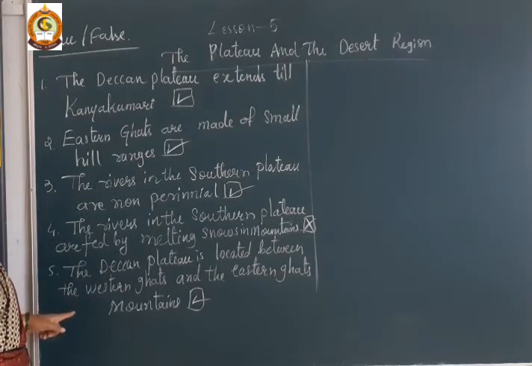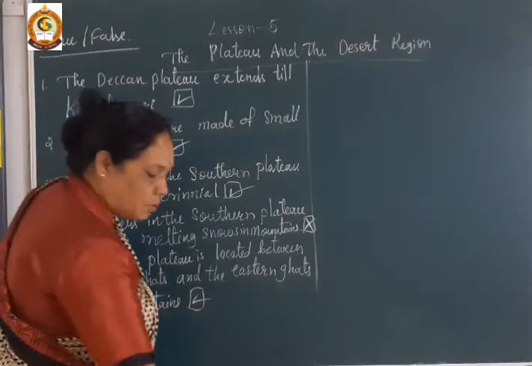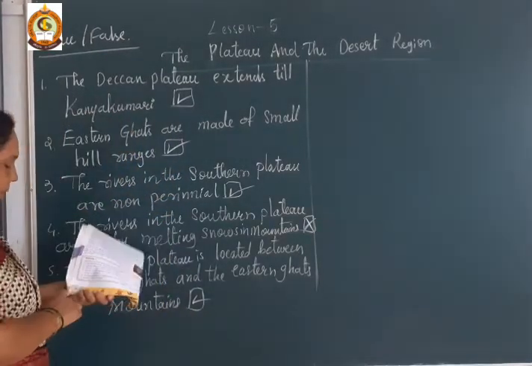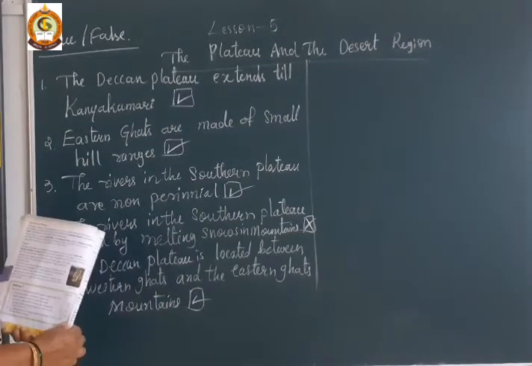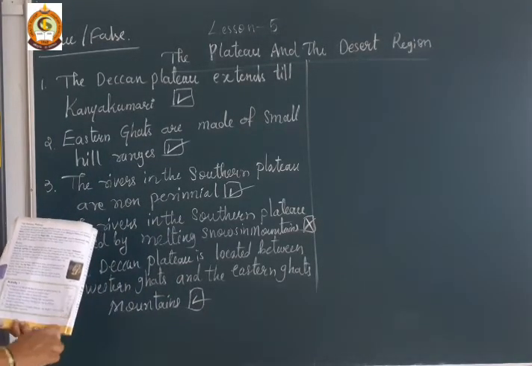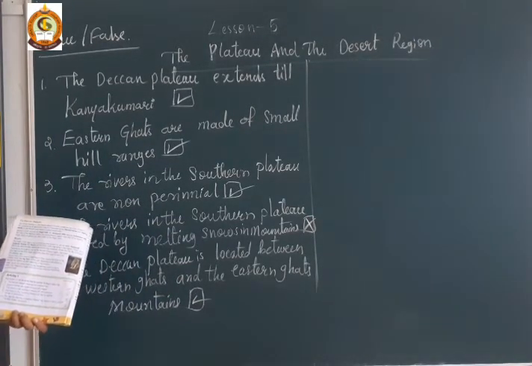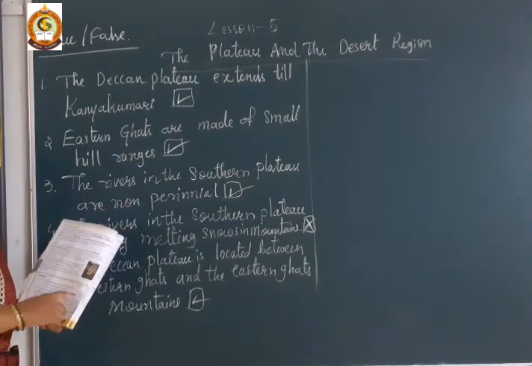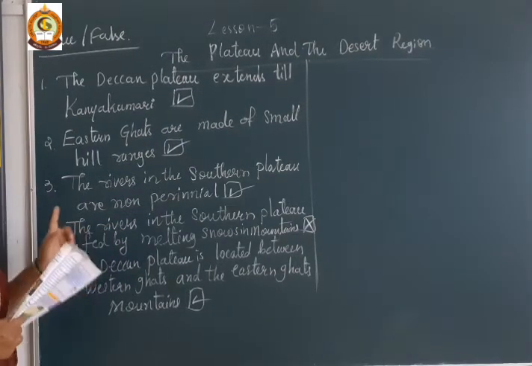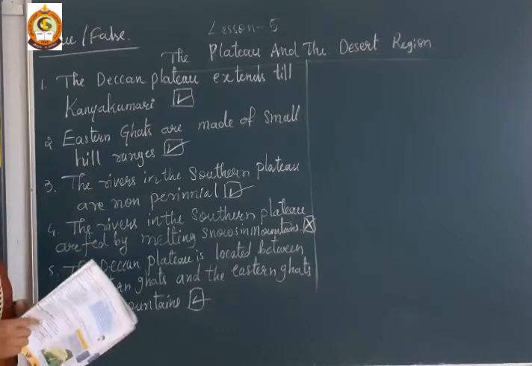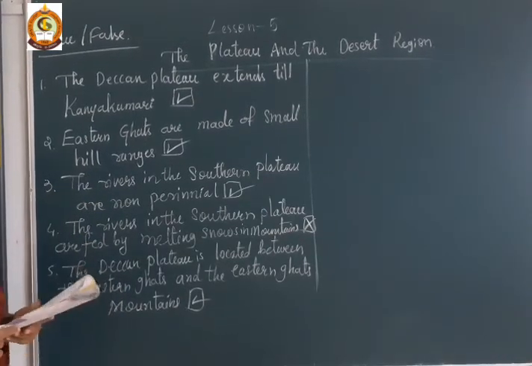Fifth, the Deccan Plateau is located between the Western Ghats and the Eastern Ghats mountains is a right sentence. This is activity 1, page number 276. In front of each sentence the boxes are given. You have to mark right or wrong in this box. Read the sentence carefully once again and tick the right or wrong mark.